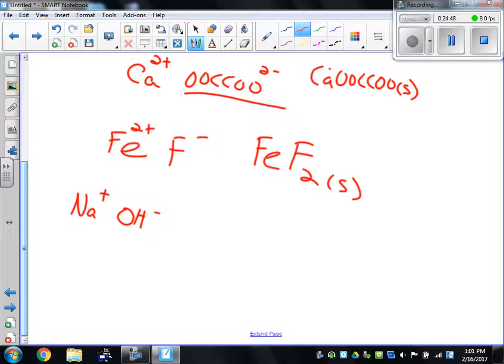Look on the chart. Look on the periodic table, guys. Where's Na1 plus? Is it group 1? Yeah, it's a group 1 ion, guys. Isn't it? It's in group 1.